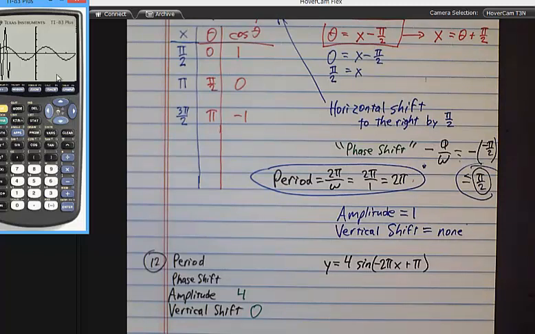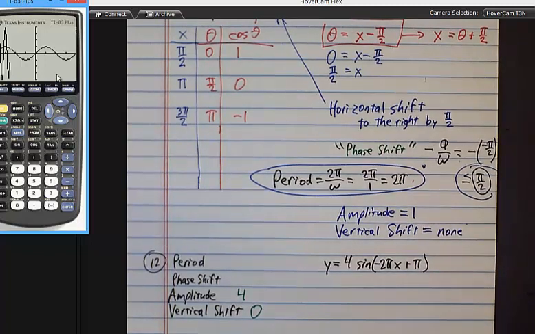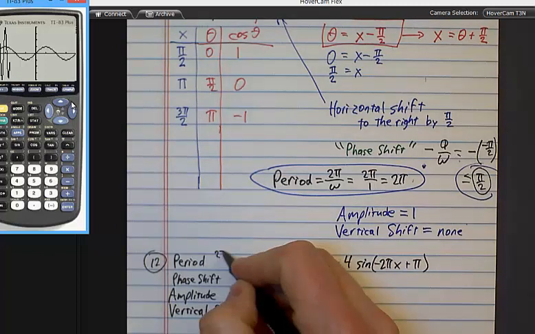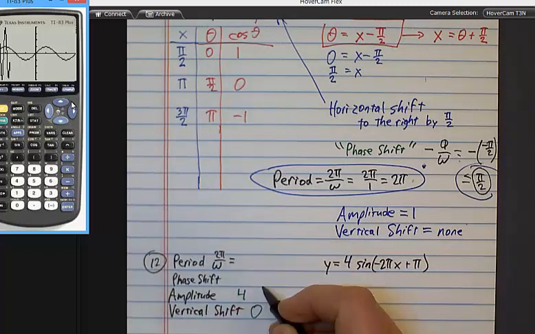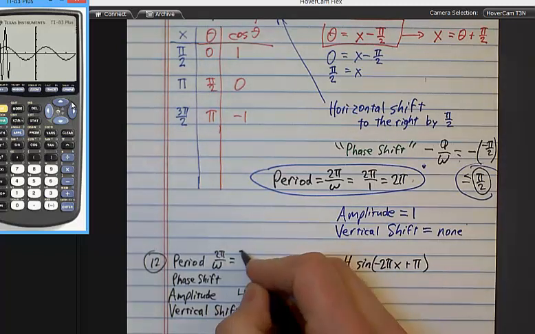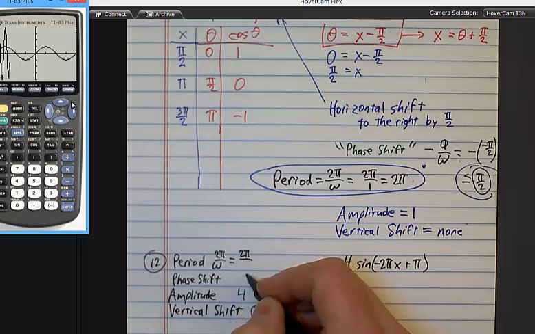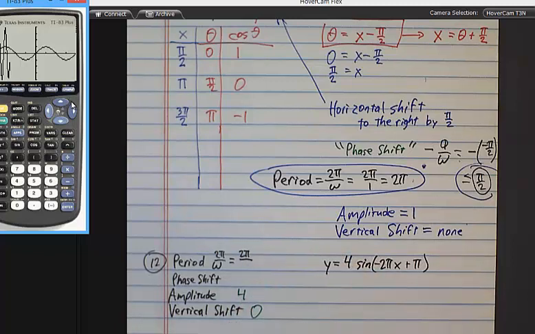Do you guys think we've changed the period? Yes. What's the period of the new function? Well, it's always 2 pi over omega, right? And so it's 2 pi over... Now, what's omega for our problem? Yeah. Although I said don't worry about the negative, didn't I?